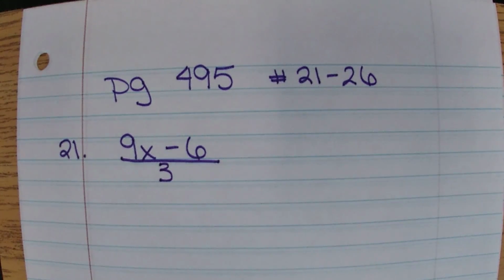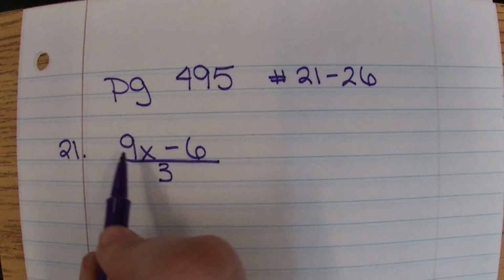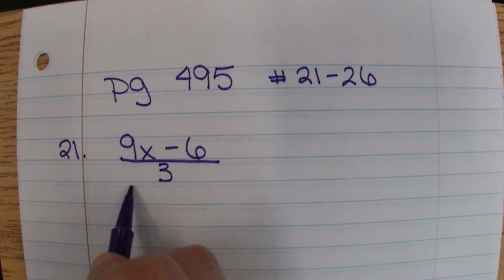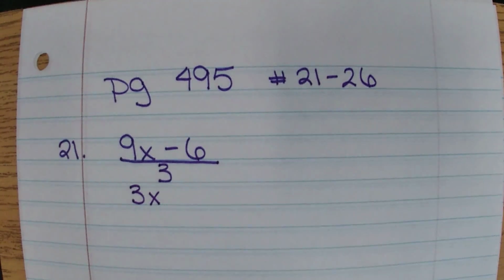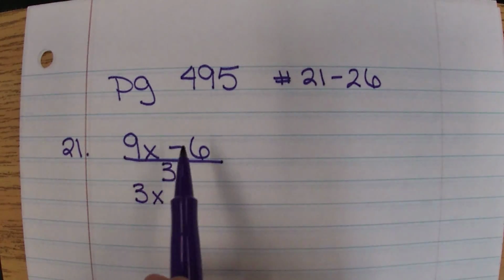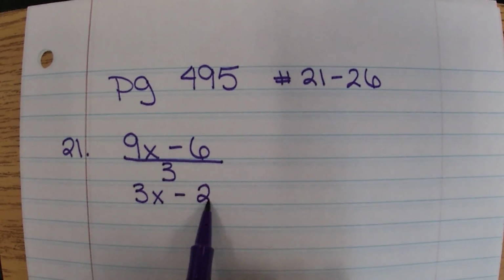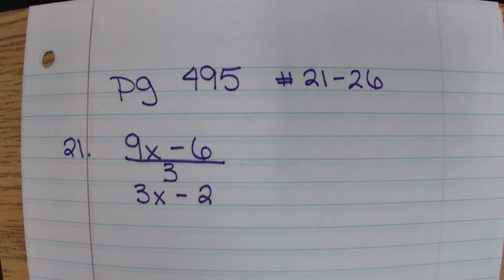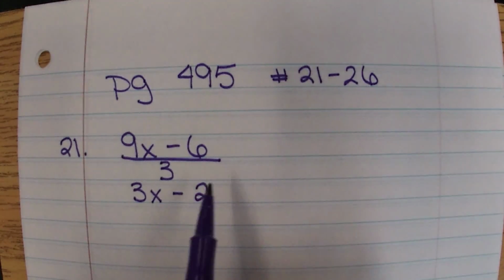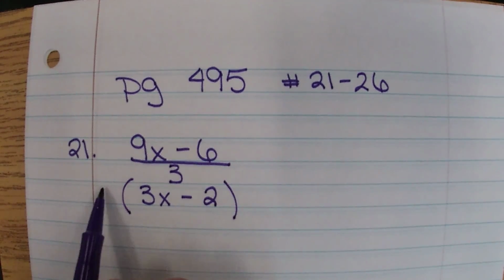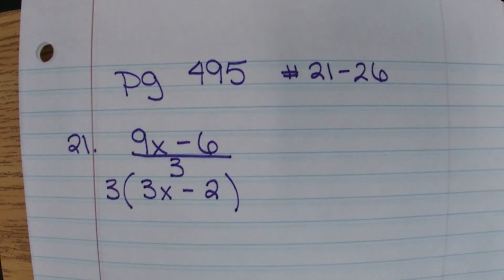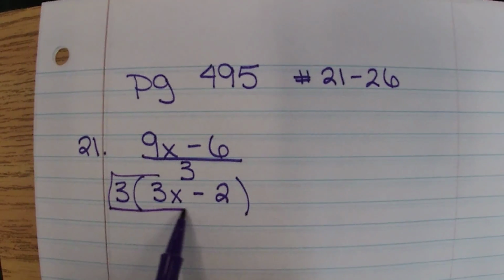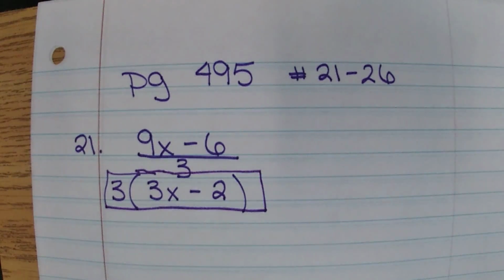They do not both have the x, so we cannot pull out an x. 9 divided by 3 is 3. The x is still left over. 6 divided by 3 is 2. I can't think of anything that will go into 3 and 2 other than 1, so that tells me I'm done. And I'm going to pull my GCF out in front. So for number 21, we should have 3, and then in parentheses, 3x minus 2.